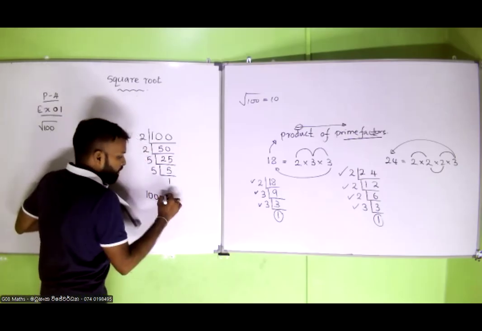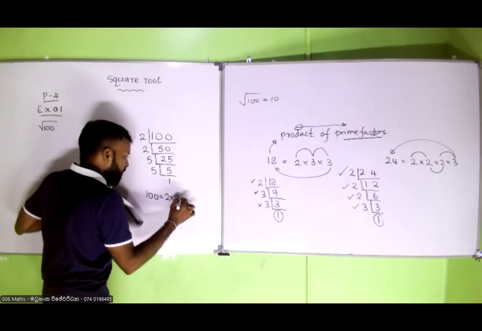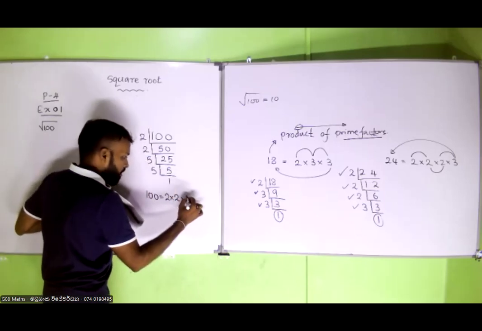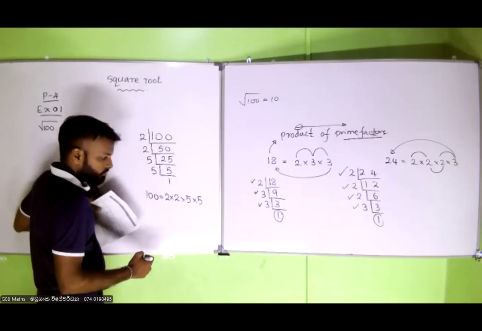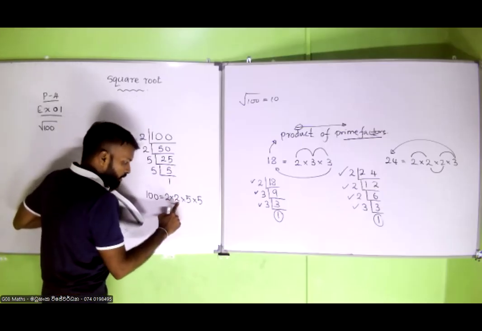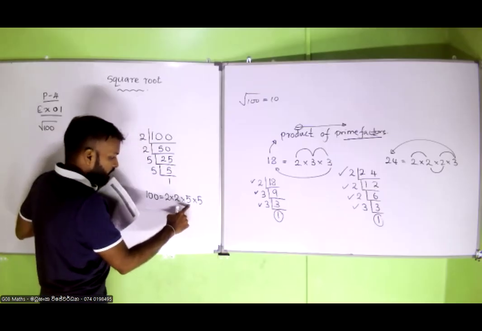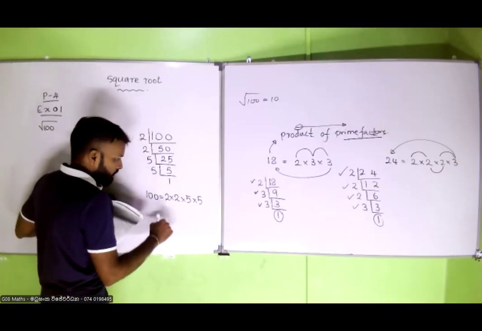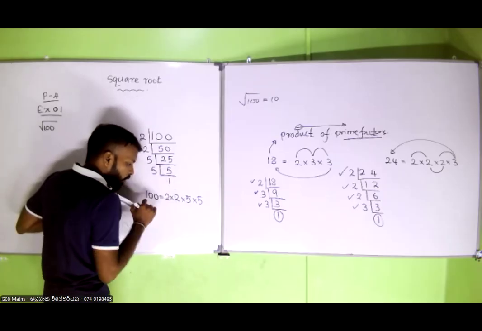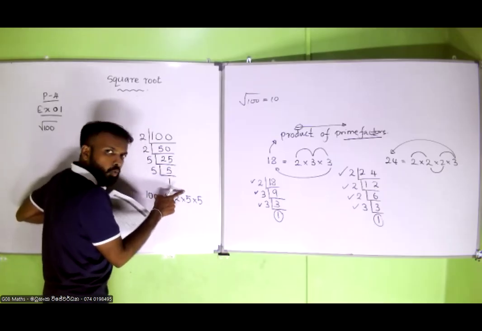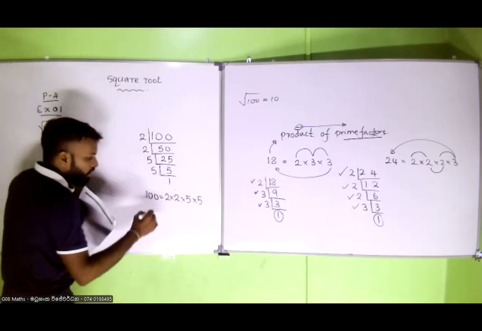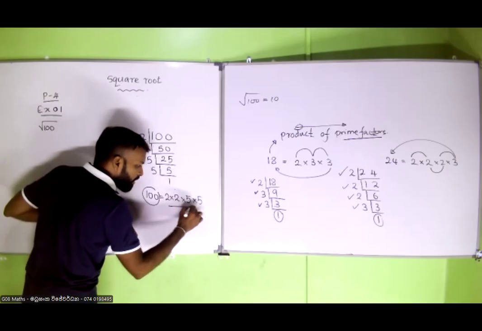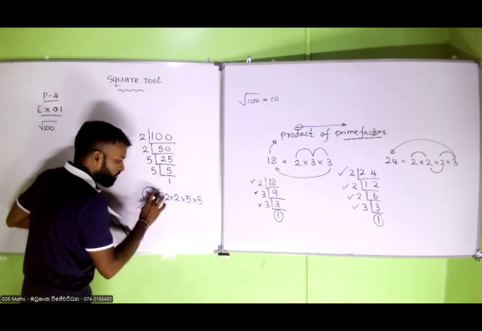Now you can represent your 100 as 2 multiplied by 2 multiplied by 5 multiplied by 5. 2 times 2 is 4, 4 times 5 is 20, 20 times 5 is 100. So 100 can be written like this.